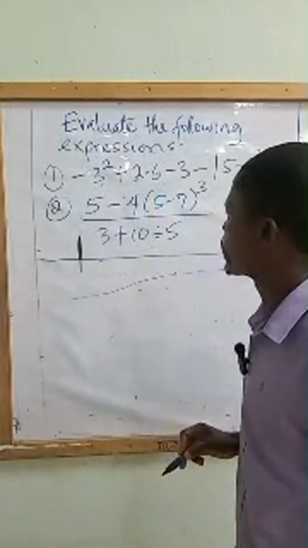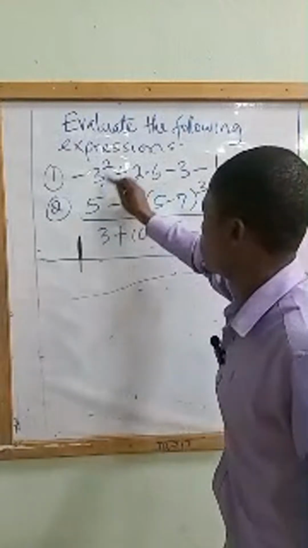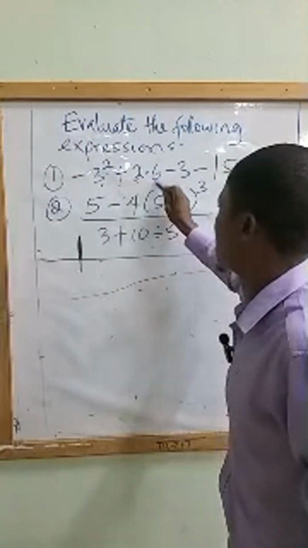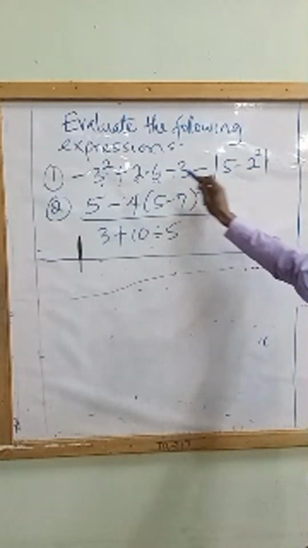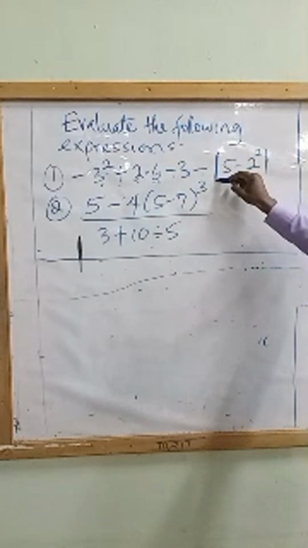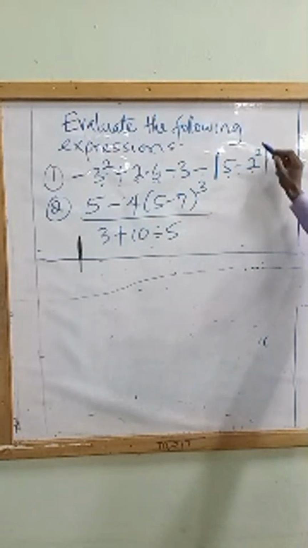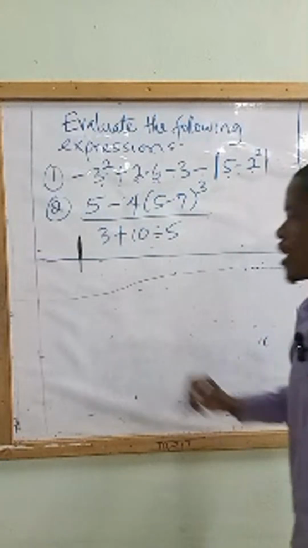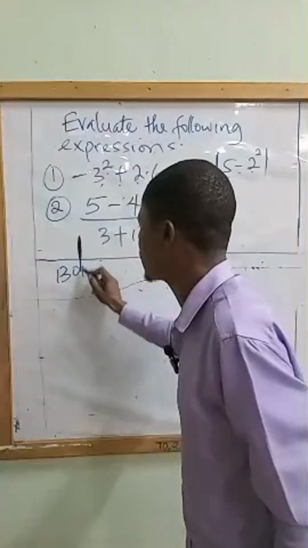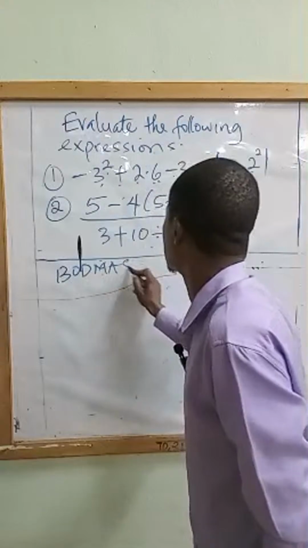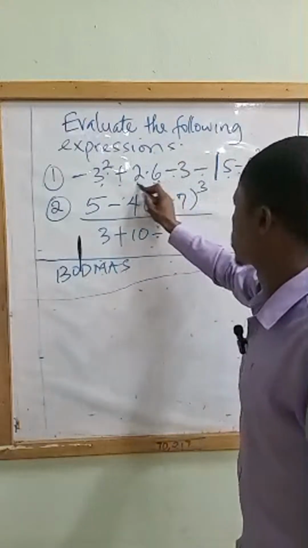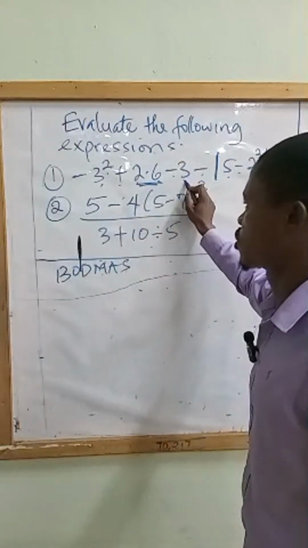Minus 3 to the power 2 plus 2 times 6 minus 3 minus absolute value of 5 minus 2 squared. Okay, we're going to follow the rule of BODMAS in this place. Multiplication comes before subtraction.